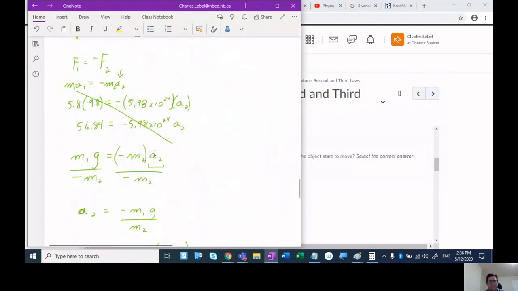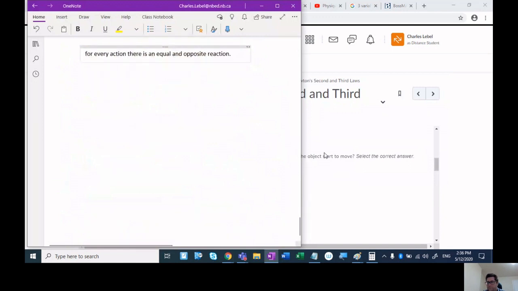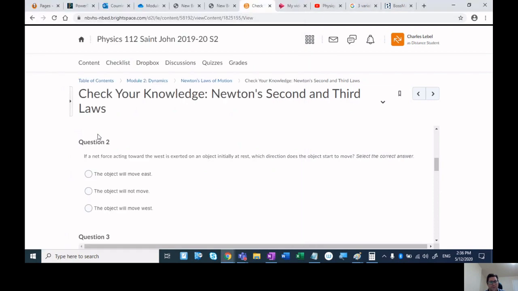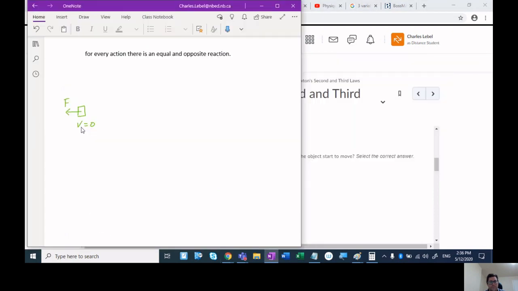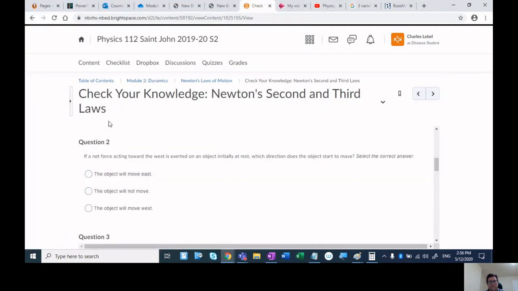I need to draw this. Object at rest, force to the west. Or V1, or yeah, V1. Which direction does the object start to move?